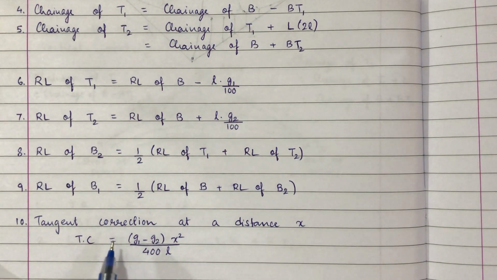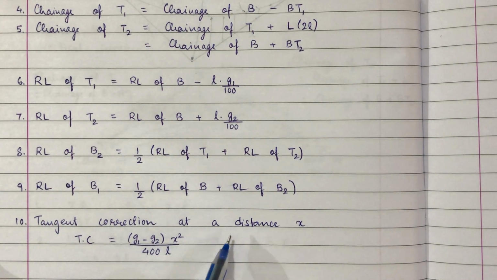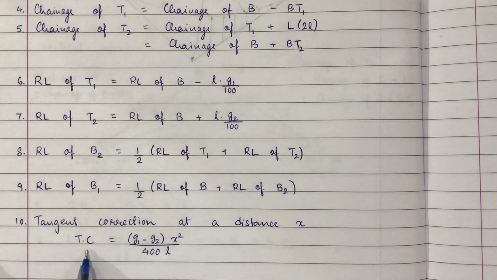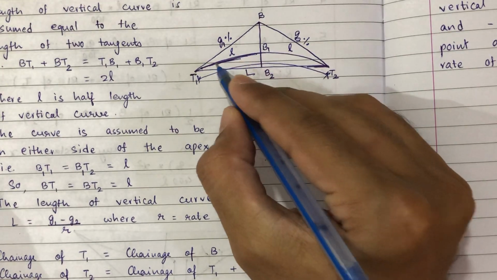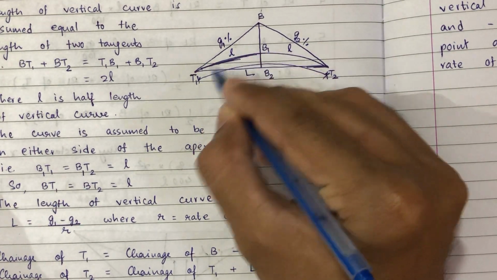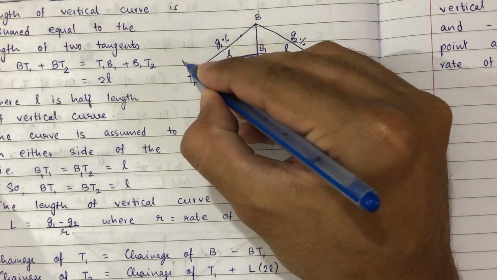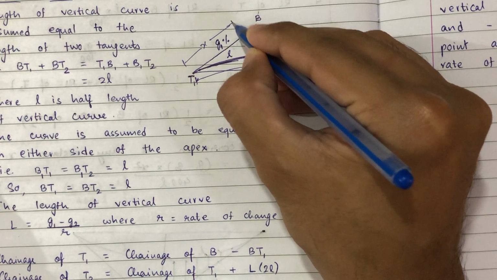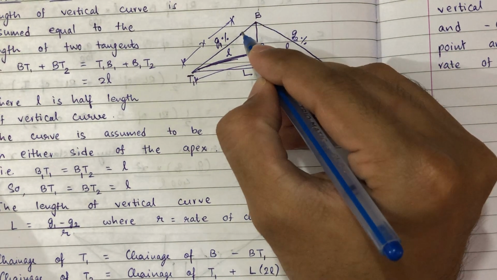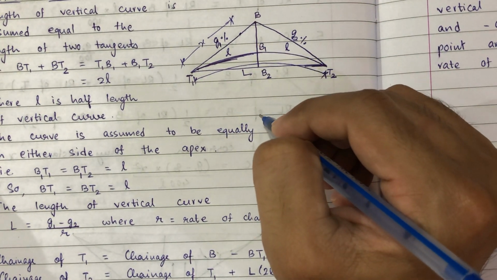And the tangent correction formula at any distance x is given as tangent correction is equal to (g1 minus g2) into x upon 400L, where x is the sloping distance at any point. Suppose this distance is given as x. We need to find the tangent correction at this point x.